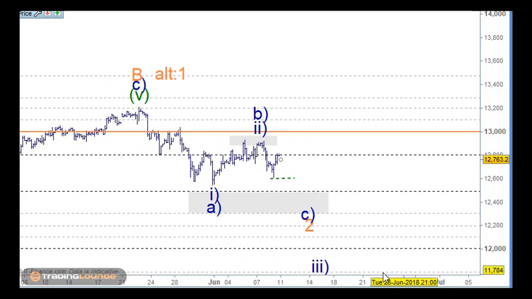We were thinking that it can possibly be over from here. So it can be completed here, and we have 5 waves down. We have our 61.8% retracement level back into the 12,800, and we can move straight down from that point. That's one thing we have.